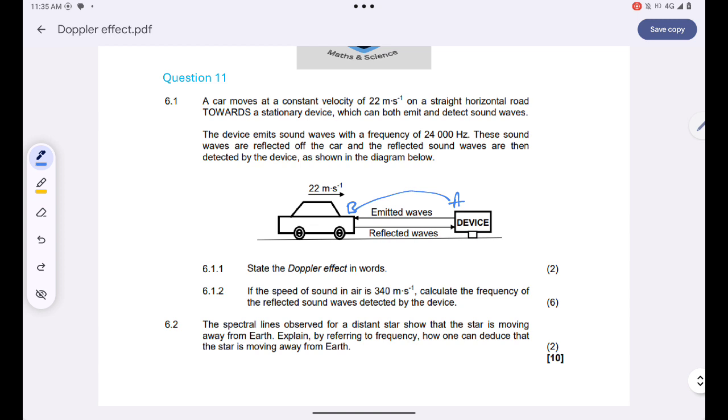At the same time, for C to D, the car will then reflect the sound waves detected back to the device. So the sound starts from the device, goes to the car, and then the car reflects the sound waves back to the device.